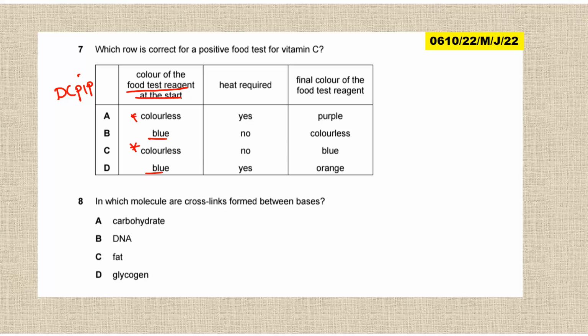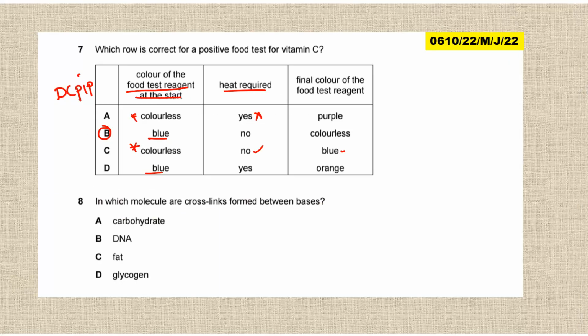It turns colorless upon adding the vitamins. Heated, no. So no heating. So already know this one has yes heating, so we are going for this one. Then final color of the test reagent, blue. No, it becomes colorless. Okay, so blue, no, colorless. So this is the answer.